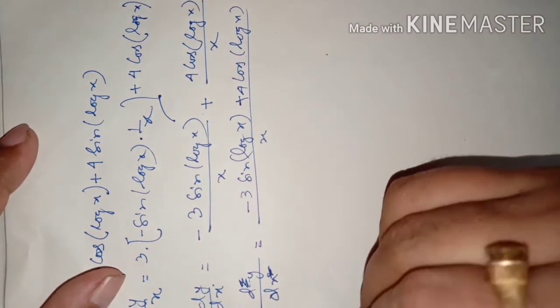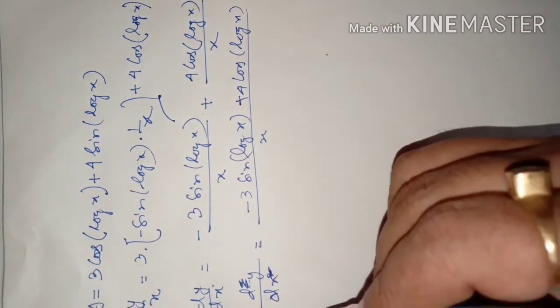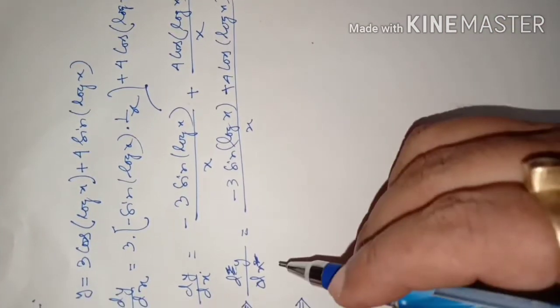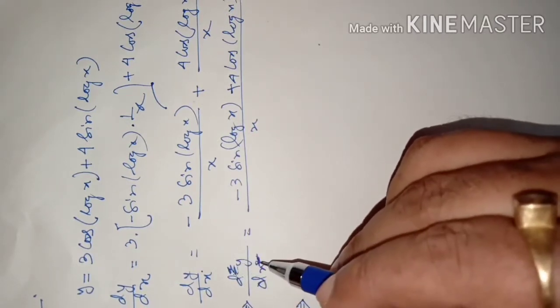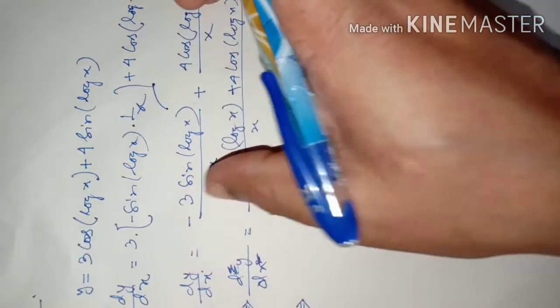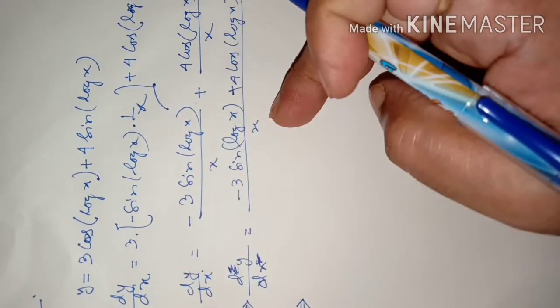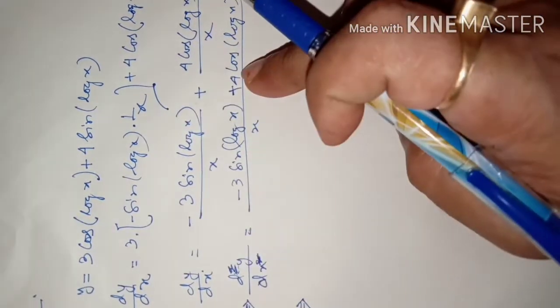Now taking the differential coefficient of both sides once again, this is dy by dx. I have cancelled this one, d2y by dx square I wrote, but since I combined these two taking LCM, in this step we are not taking d2y by dx square.